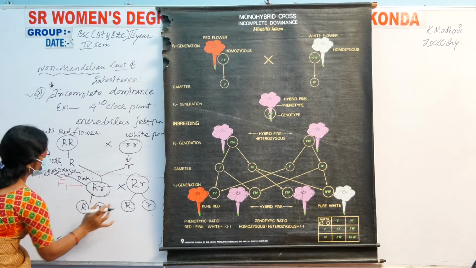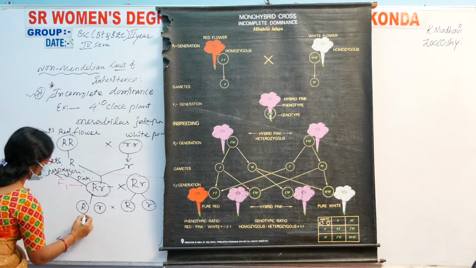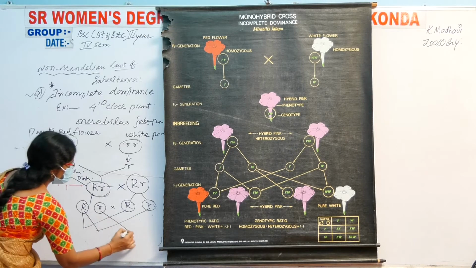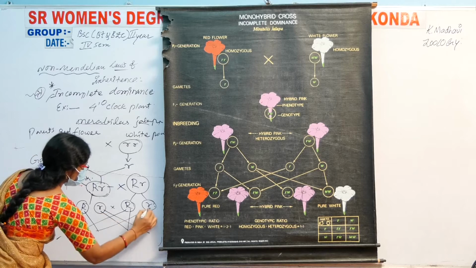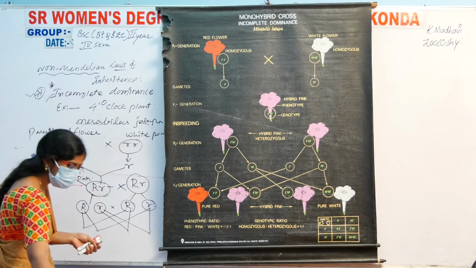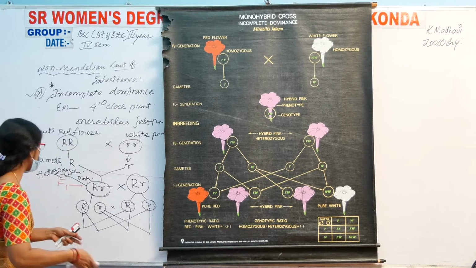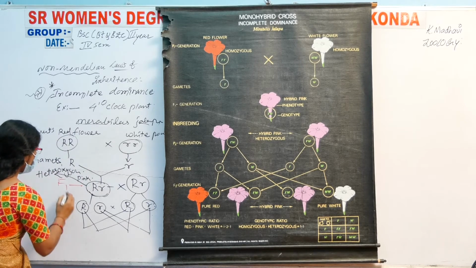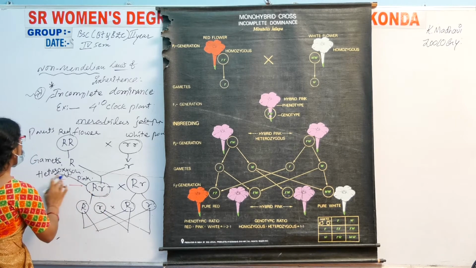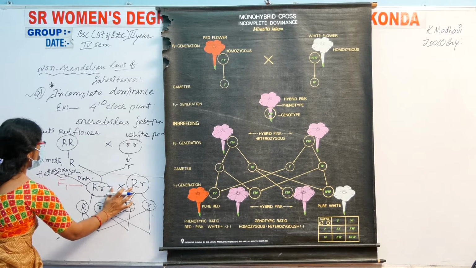Here the gametes are formed. In the gametes we are crossing here. It's just simple, in this manner, but this is the F1 generation. In the F1 generation the hybrids are formed. Both are heterozygous plants.